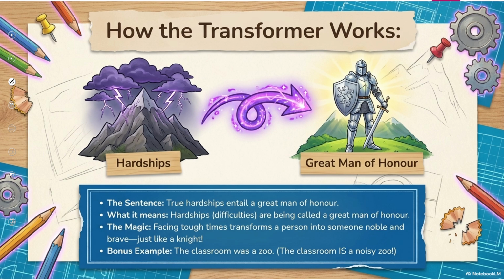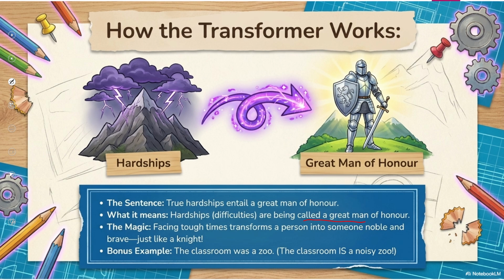For example, true hardship entails a great man of honor. Here what it means is hardship or difficulties are being called a great man's honor. We have compared it. Facing tough times transforms a person into someone noble and brave, just like a knight.